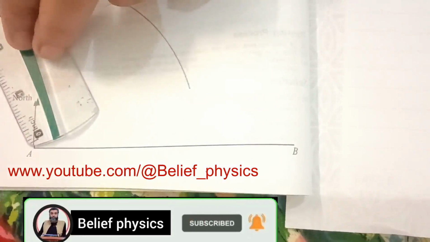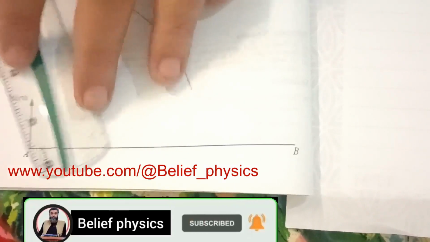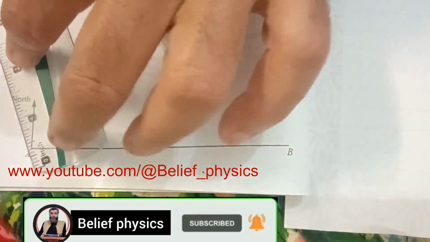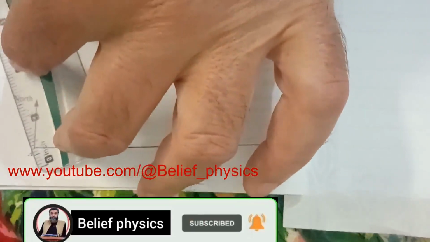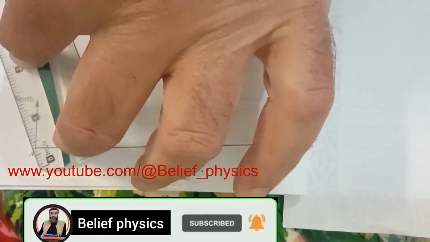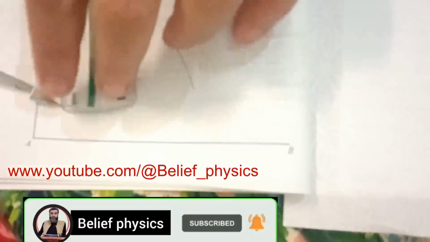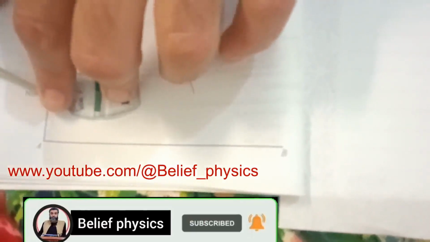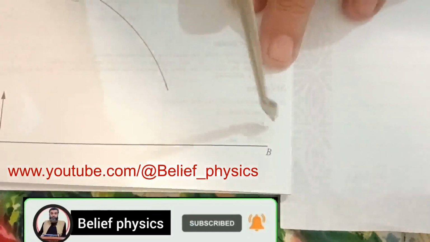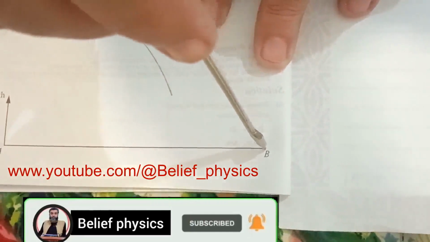Similarly, the point C is 50 kilometer from B, so I will draw an arc of 10 centimeter, because 1 centimeter represents 5 kilometer, so 10 centimeter is 50 kilometer. Taking B as center, I will draw an arc of 10 centimeter.